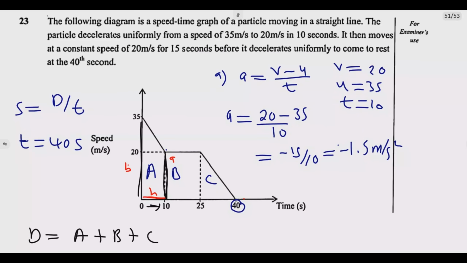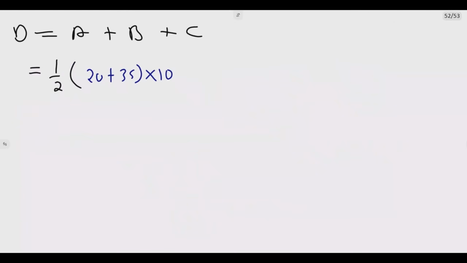Then we move to the other part, which is now a rectangle. So it will just be this difference, which will be 25 minus 10. Then this will be the height, which is 20. So we come there, which will be plus 25 minus 10 times 20.